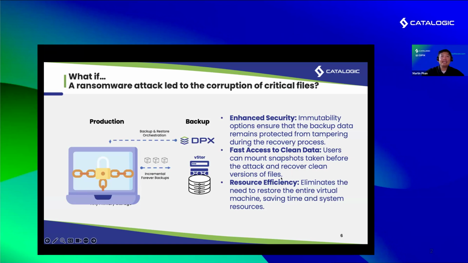Yeah, that's exactly what we're doing right now from a vStor Snapshot Explorer perspective. We are mounting the snapshots directly from vStor. This is a snapshot that you might have taken before the attack. You might have performed a guard mode scan to ensure that it is free from ransomware.